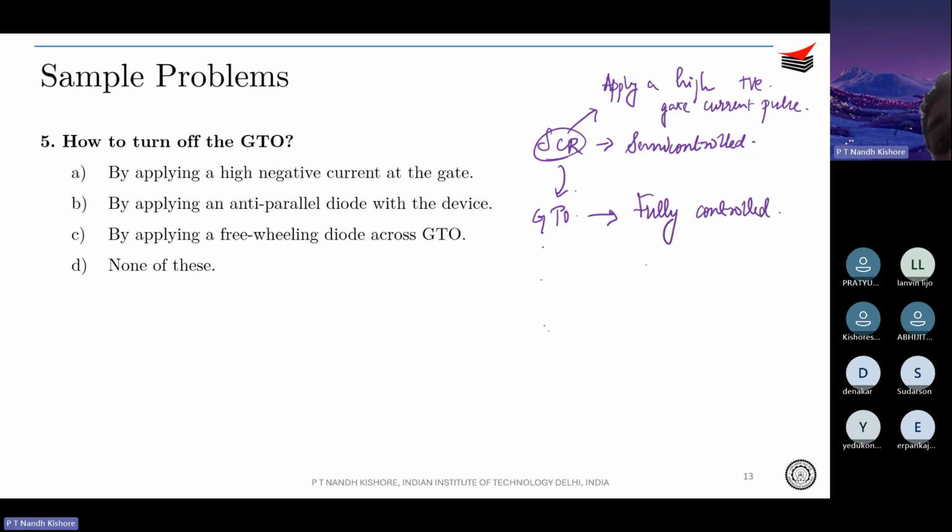For GTOs, it's an improvement over the SCR in the sense that while turning it off, you can apply a sufficient negative current and then the GTO just turns off. Turn on is similar to the SCR, and turn off is just a complement of what you do during turn on. You apply a high negative current at the gate and then the GTO turns off.